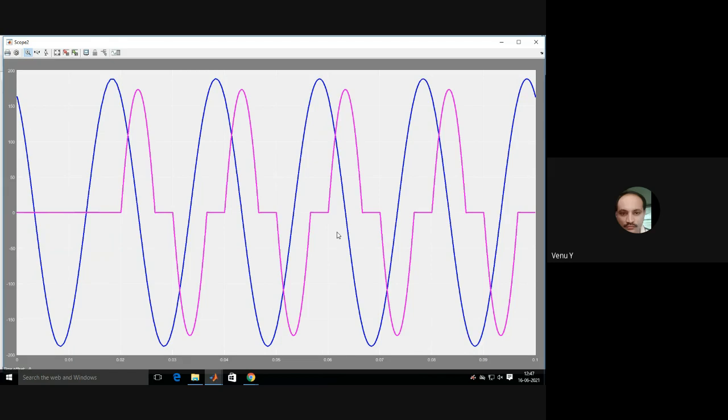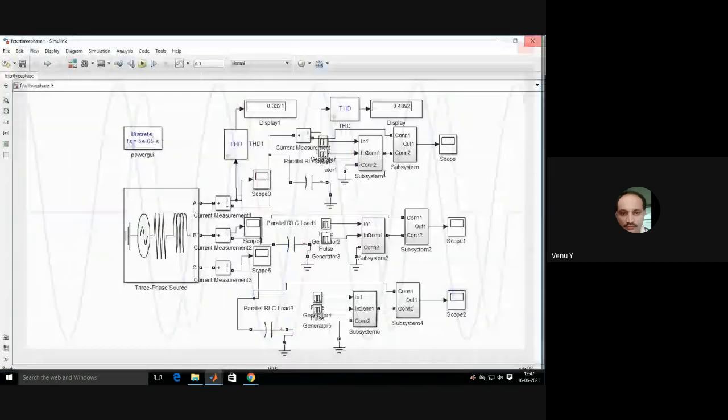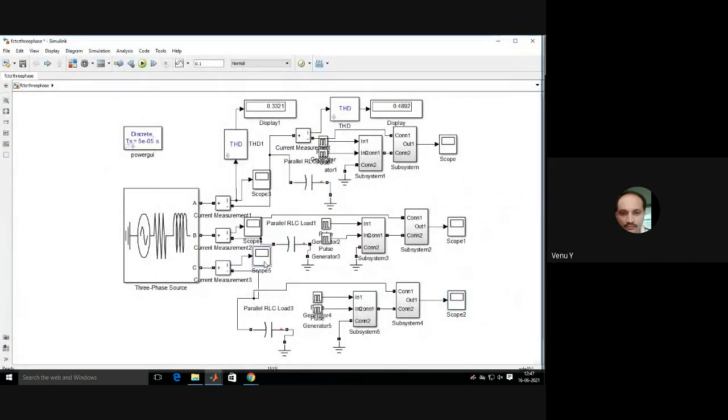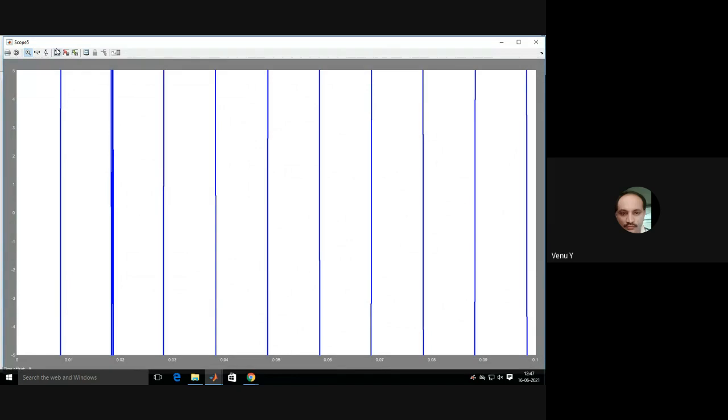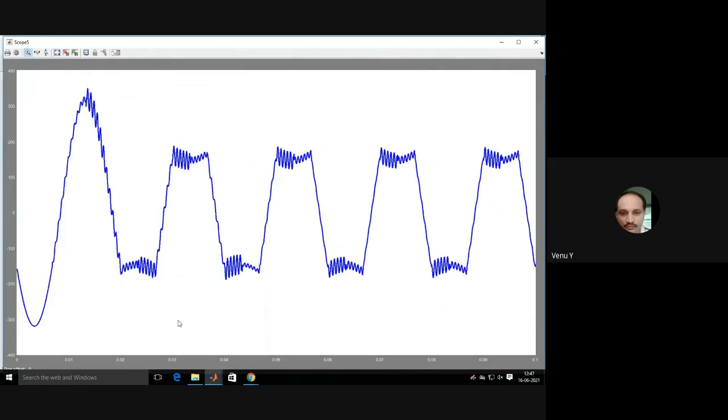And this is the total current. The initial transient is different. Okay, roughly you can note down.